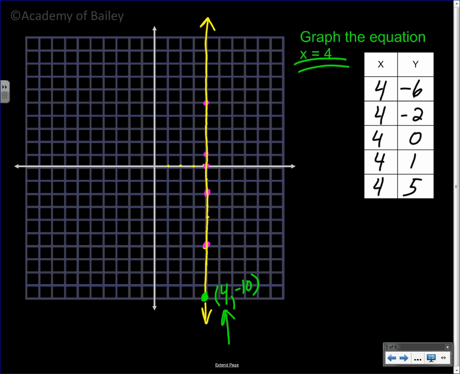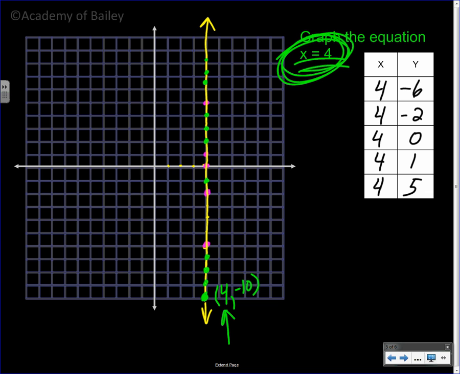The x value is 4. And it doesn't matter. Every point that you choose on here, the x value will always be 4. And I know I'm picking those points, but we can also pick halves, or we could pick quarters, or we could pick thirds. All of these ordered pairs have an x value that is 4.